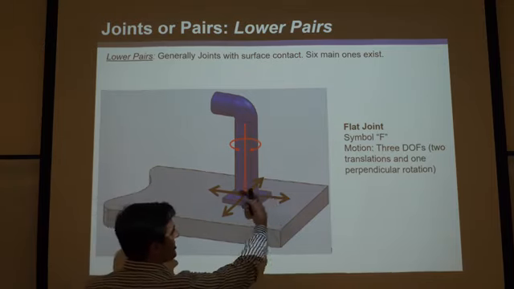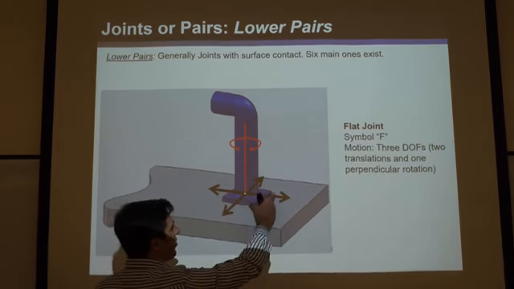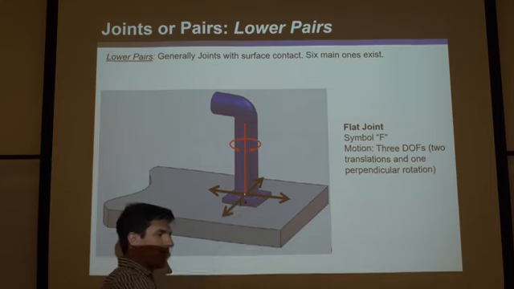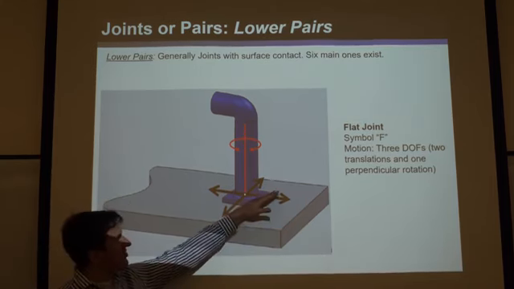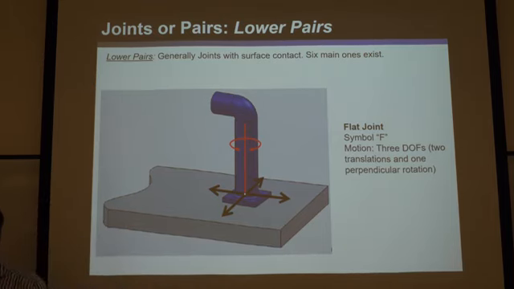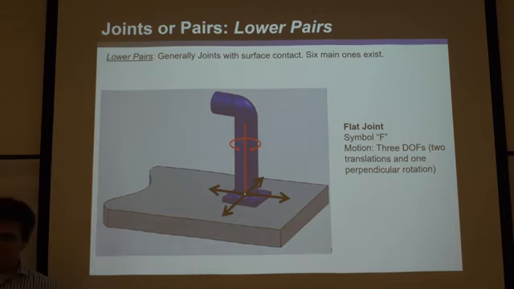Imagine if you rotated around the axis of one of the translations: one part of it would have to go into the stage and the other part would get lifted off of it. You can't go into it, obviously, but you certainly can't lift it off. That would break the joint, so it's not allowed. So that joint is a lower pair because it's just surface area contact, and it happens to have 3 degrees of freedom. Those are the 6 lower pair joints, and they're very famous, so you should learn them.